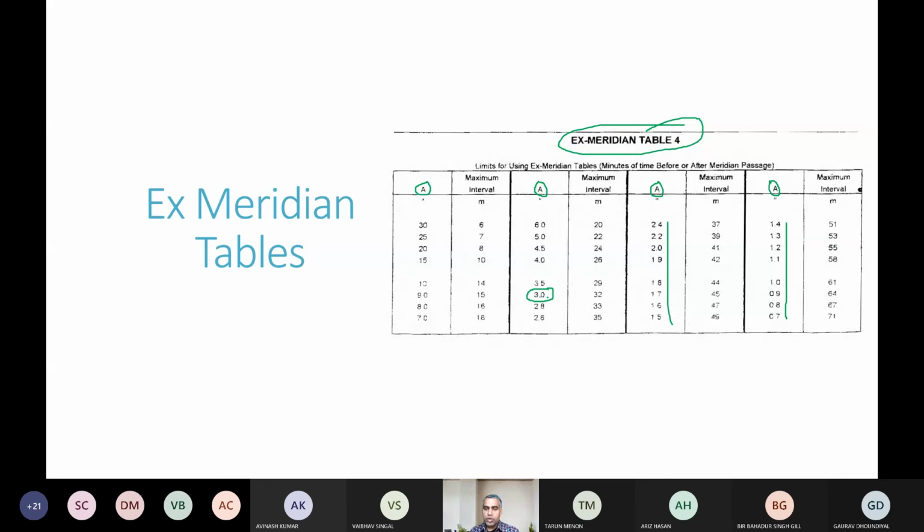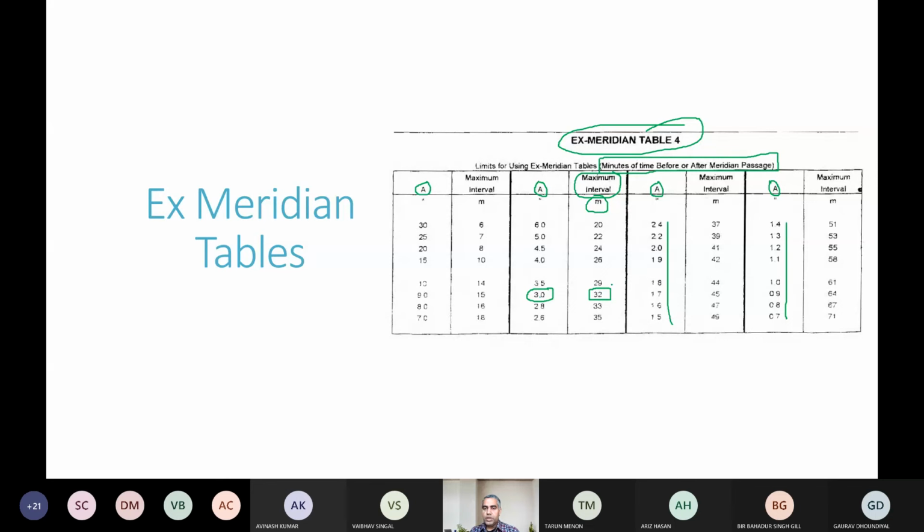And against 3.0, you see what they have mentioned here is 32. So what is this 32? You can see here, this is the maximum interval. And this interval is in minutes. It is written on the top of the table also: minutes of time before or after meridian passage.